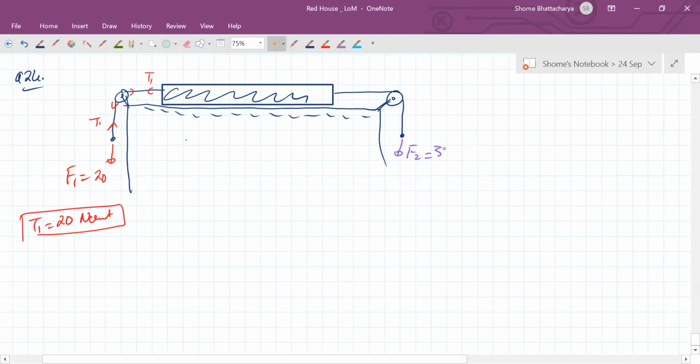So उसके वजह से ये वाले thread में the tension is that much. The tension is 32 newtons. F2 is equal to T2. Here F1 is equal to T1. Okay, so now you look at this whole body.